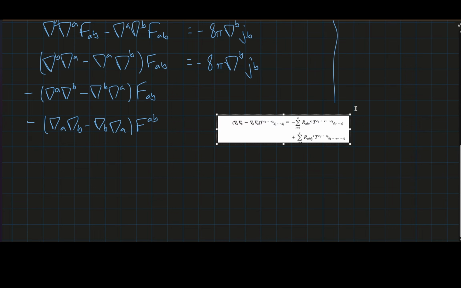We could do this by recalling this relation with covariant derivatives on an arbitrary tensor field. So by using this relation that we have here, our left-hand side is able to be rewritten in terms of the Riemann tensor like this. We get a negative R_ABE^A F^EB minus R_ABE^B F^AE.